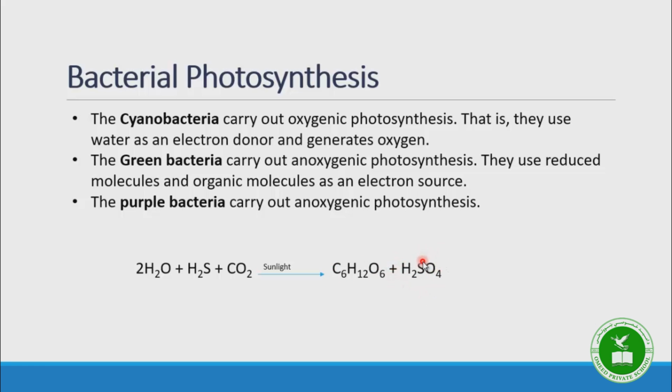This is an anoxygenic photosynthesis. It means that oxygen is not generated in this photosynthesis. So the green bacteria and the purple bacteria do this kind of photosynthesis.